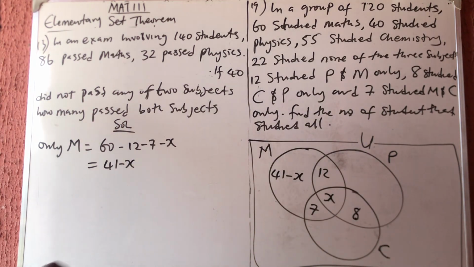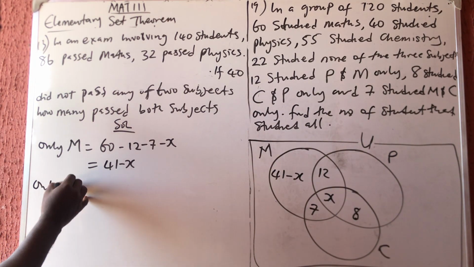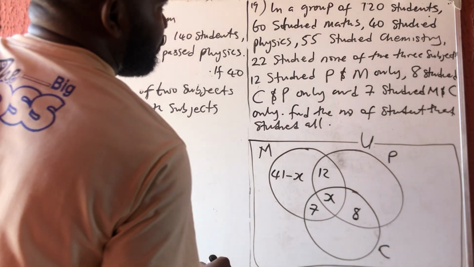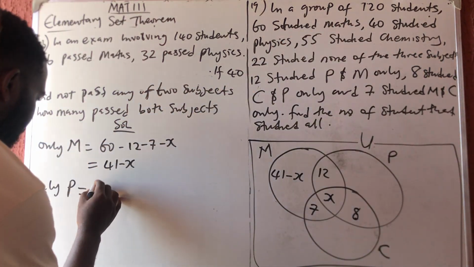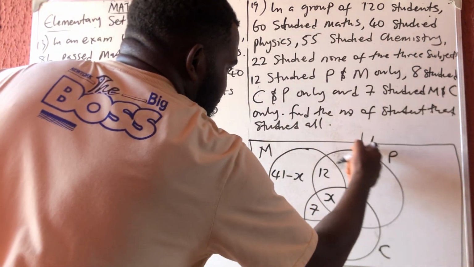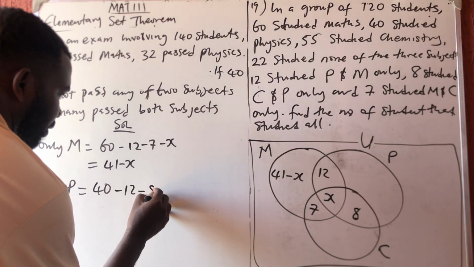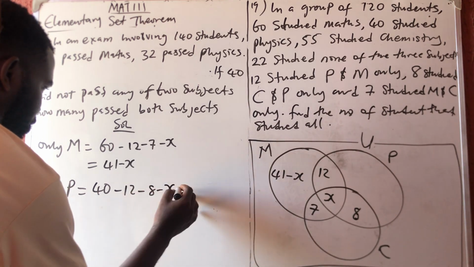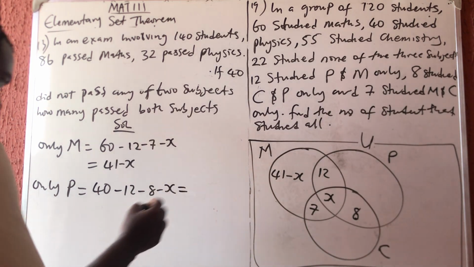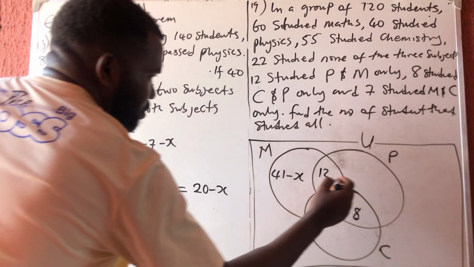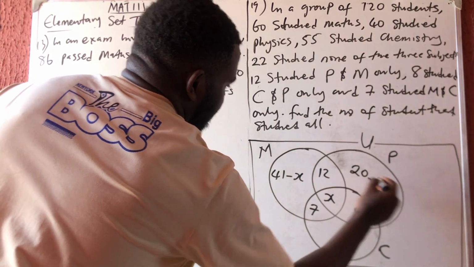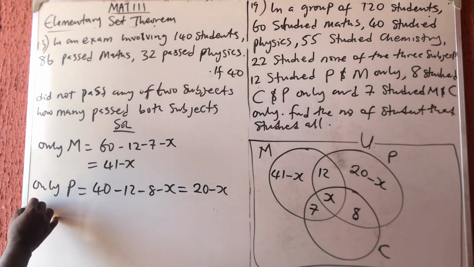So now we need to get only physics. Only how many people studied physics? 40 studied physics. So I'll say 40 minus everything that entered inside of physics. So 40 minus 12 minus 8 minus x, which is going to give me 20 minus x. Okay, so only physics is 20 minus x. So now only chemistry.